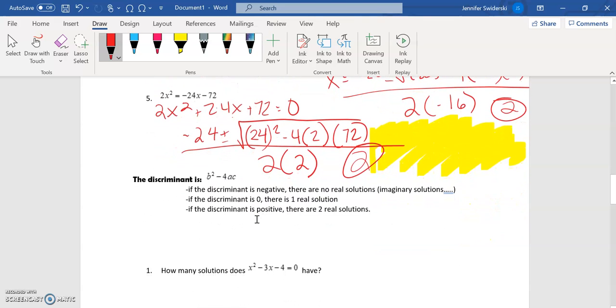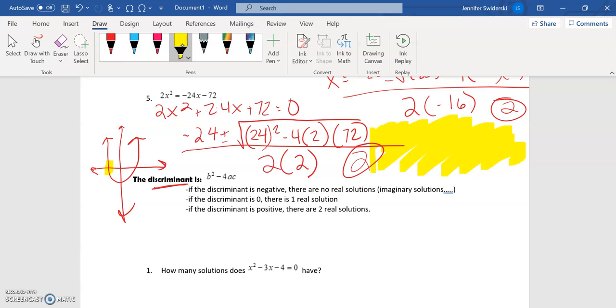Down here, discriminant. You're going to see this word used a lot. The discriminant basically tells you how many solutions you're going to have. If I have my parabola, here's one solution, here's one solution. So how many solutions does this quadratic have? There would be 2. Well, there's a shortcut. The discriminant will tell me how many solutions I have.